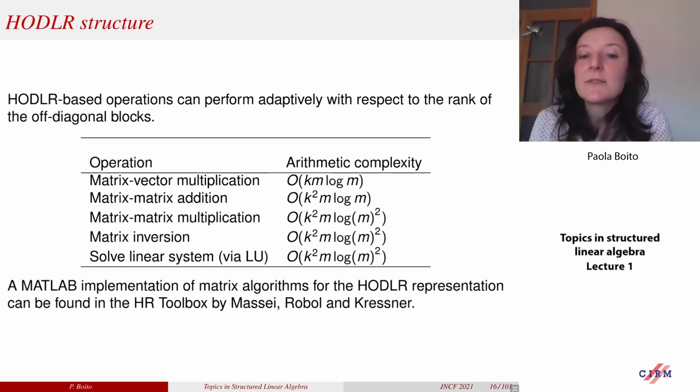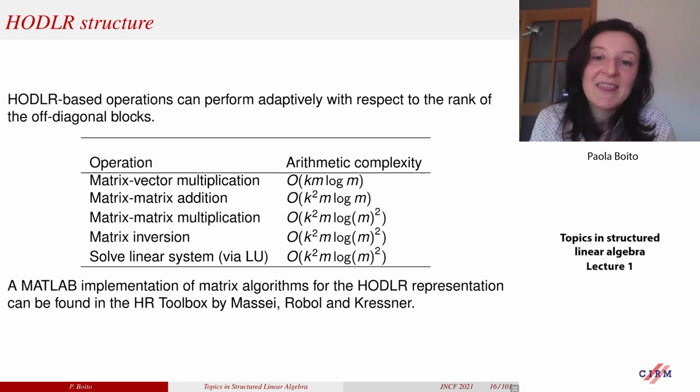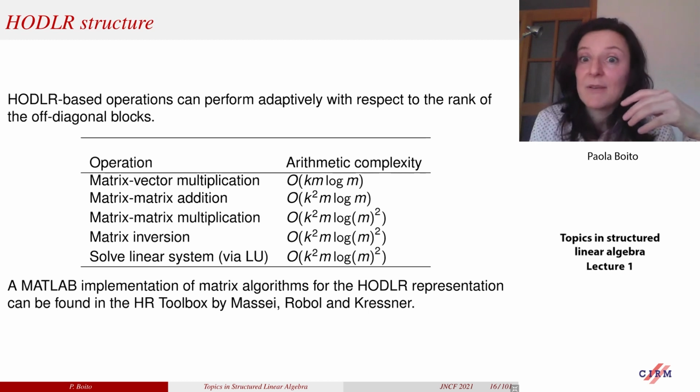And it turns out that one can perform basic operations on matrices represented in this way. The advantage is also that the operations can be performed adaptively with respect to the ranks of the off-diagonal blocks. So if some blocks happen to have lower rank than expected, this property can be exploited because of the more compact representation.